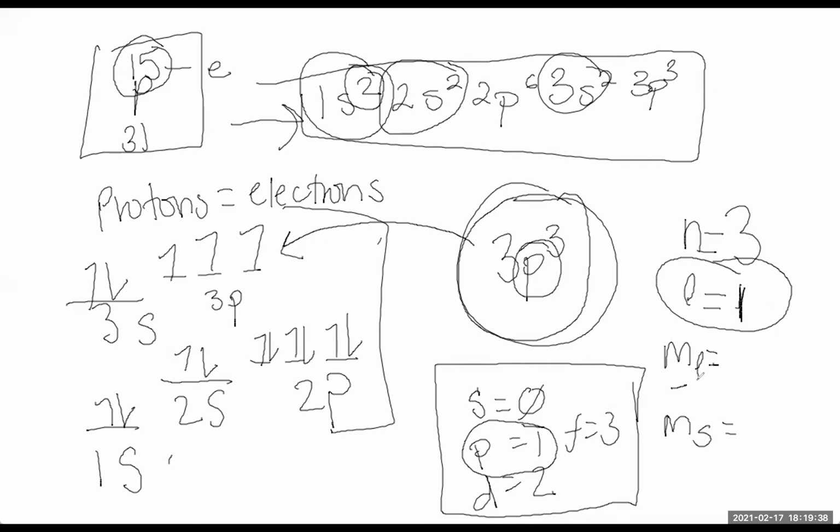So we have our M sub of L is -1, 0, and 1. Now, what is our spin? Is it going to be positive or is it going to be negative?